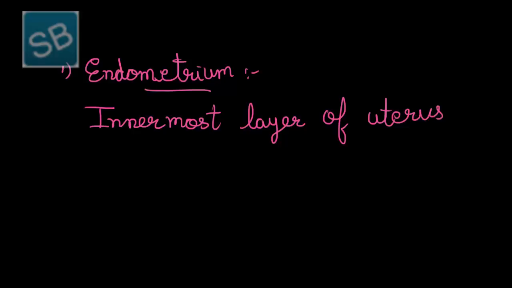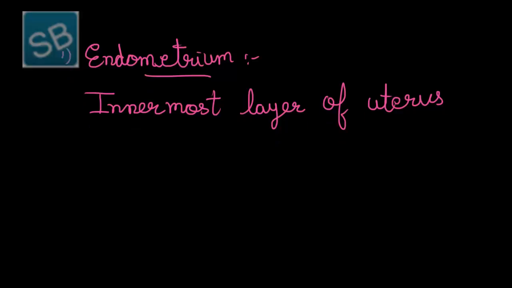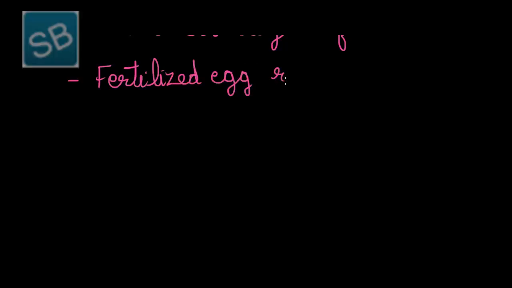In this region, if fertilization occurs, then the fertilized egg is implanted here, where it resides for further development. That is, the fertilized egg lies in the inner layer of the uterus.